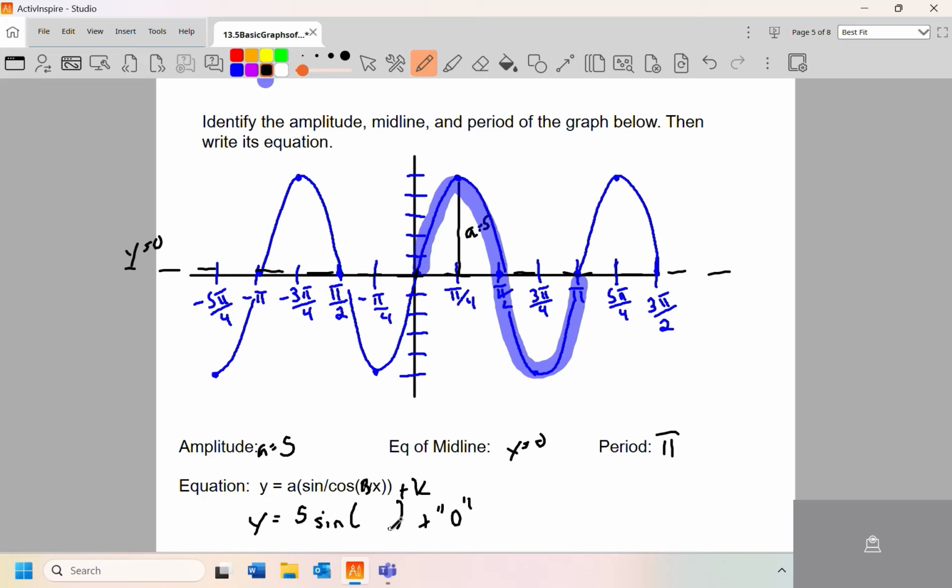On the previous slide, I said the period is 2 pi over b. And I know the period is pi, so pi is 2 pi over b. Well, what does b have to be? The 2's have to cancel, right? So b is 2. Twice x is inside. And this is my equation for that graph.